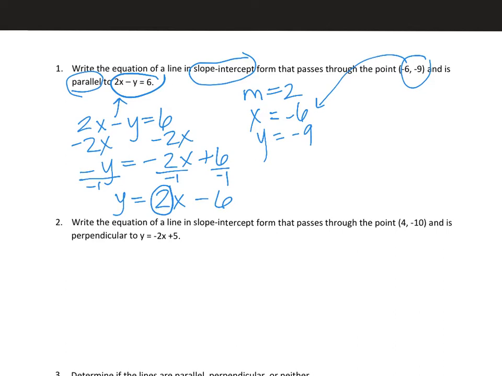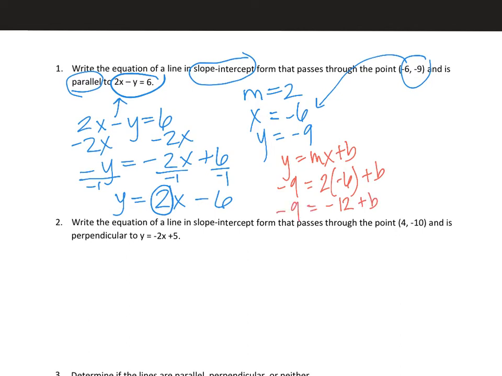So when we plug this information in, y equals mx plus b, we have -9 equals 2 times -6 plus b. So -12 plus b equals -9.